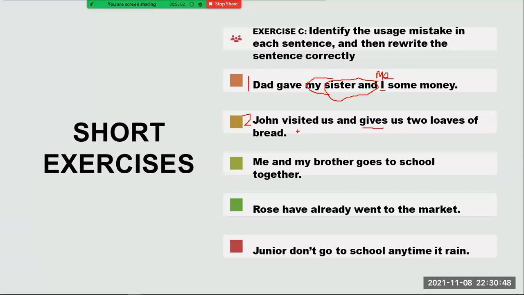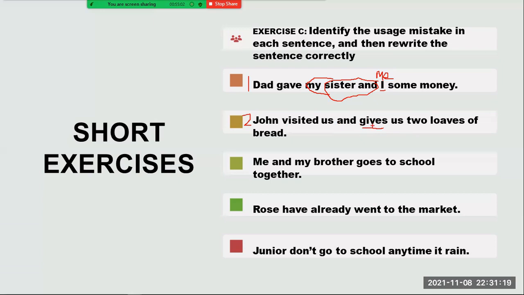The first rule in sequence of tenses is that where you have the past tense of the verb in a main clause, then the next clause has also to be in the past tense, even if it is a compound sentence as we have here.